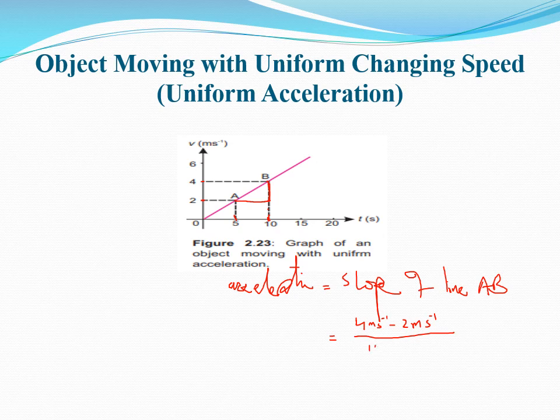So 10 seconds minus 5 seconds. If we simplify it, we get 2 meter per second upstairs and 5 seconds downstairs. And if you simplify it more, you get 0.4 meter per square second. So the body which has this sort of graph has an acceleration of 0.4 meter per square second.